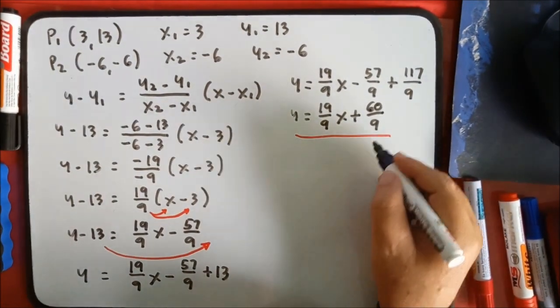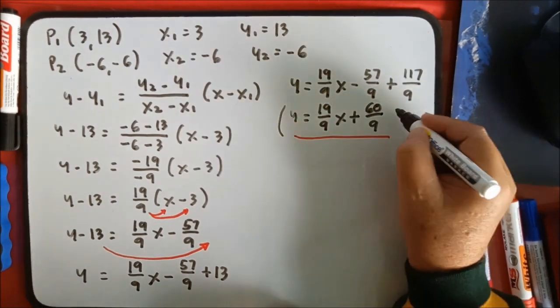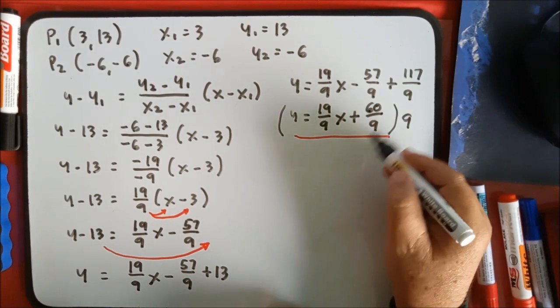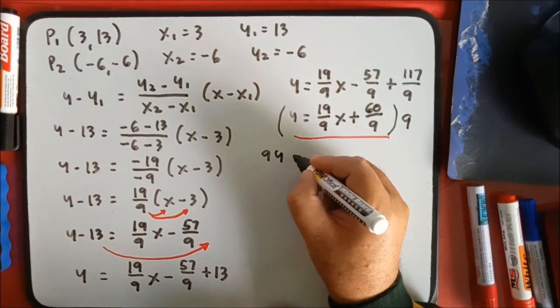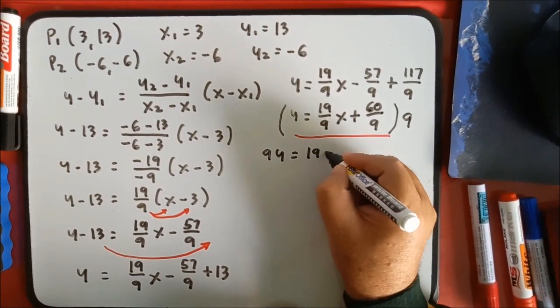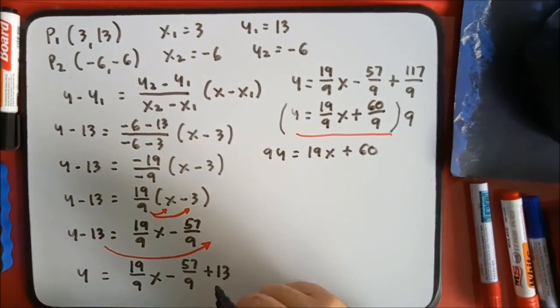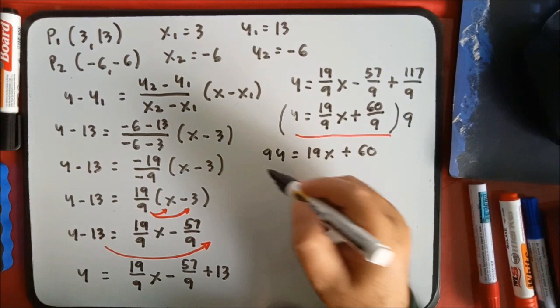Now, how will you convert this to standard form? Multiply both sides by 9. Bakit 9? Para ma-eliminate natin yung denominator na 9. So this will become what? 9y is equals to 19x plus 60. Okay, transpose 9y to the other side, transpose 60 to the other side.